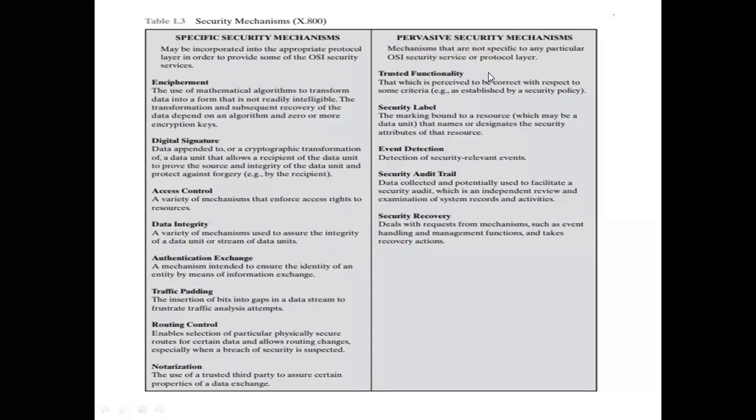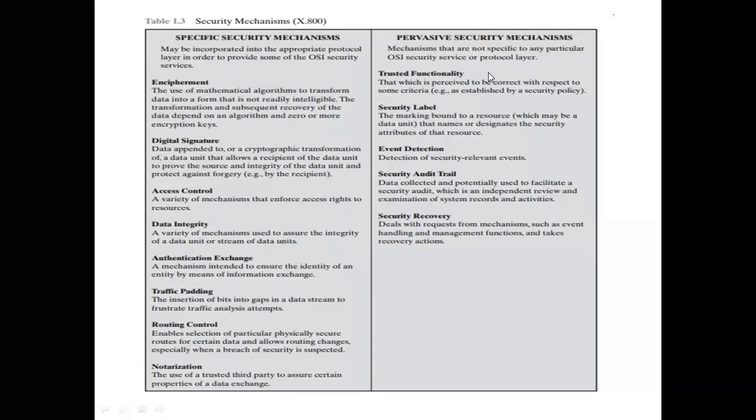So the specific security mechanisms are completely based on the ISO-OSI layer services, while the pervasive mechanisms are not related to the OSI protocol layers. Now, these are the mechanisms, starting with encipherment.